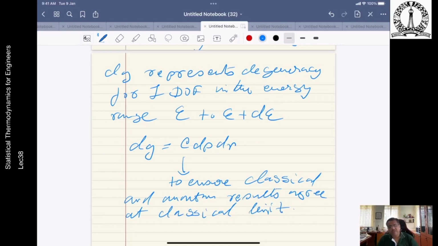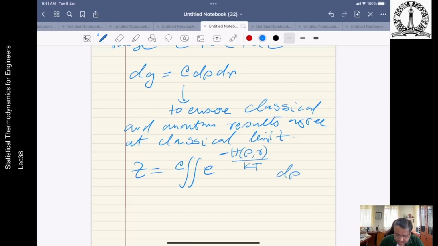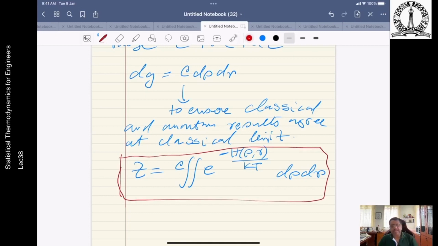Substituting this, we have z equal to C, and two integrals, exp(-H(p, r)/kT) dp dr. This will be the partition function in that limit, where the integration is carried out over all phase space.